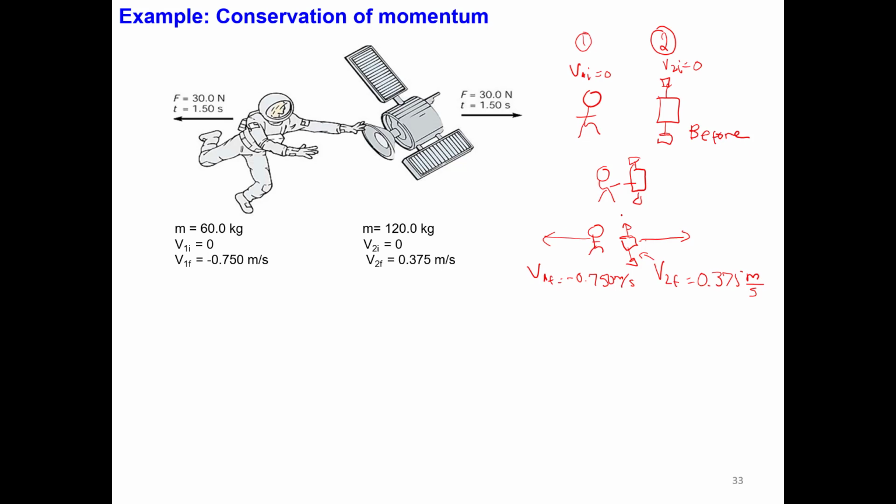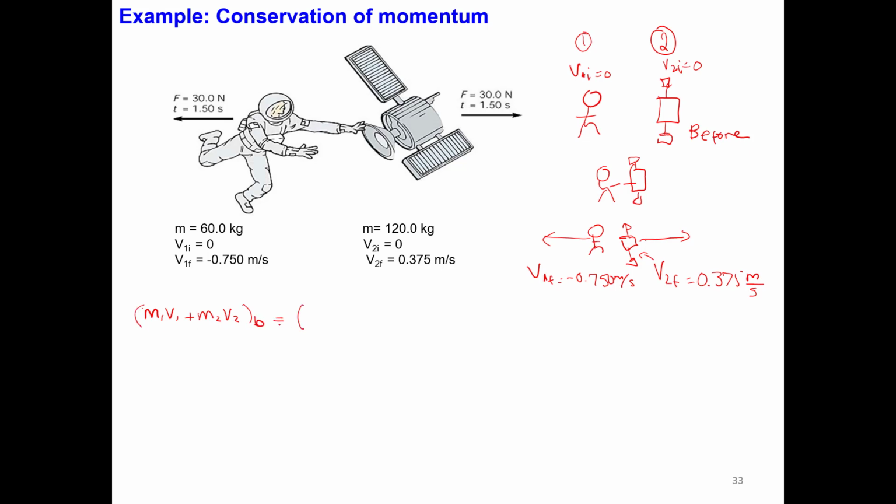And then we will see if the momentum before and after are equal. Let's write the complete equation. And here is the equation. We need to add the momentums for the astronaut and the satellite, which are 1 and 2, just before.